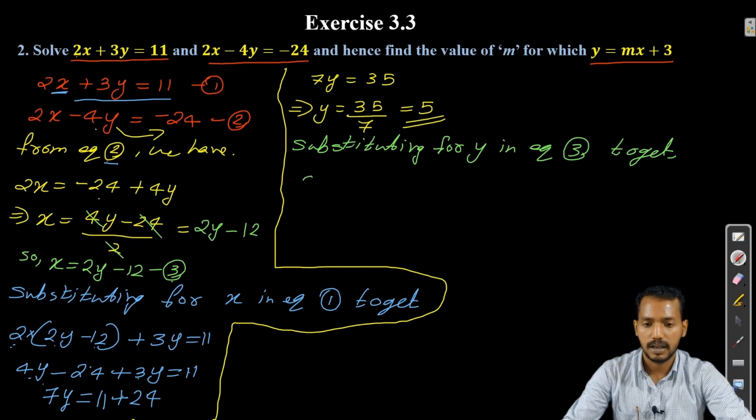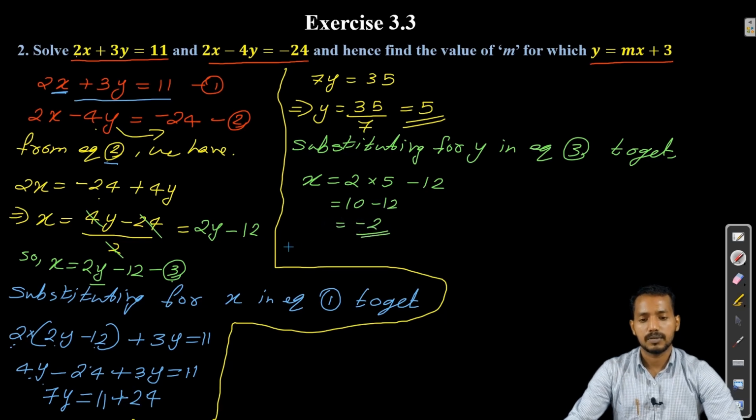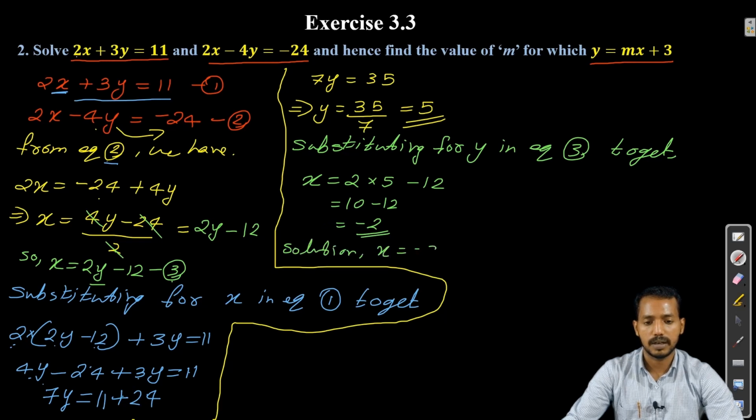So we get x equal to 2 into, in place of y we are going to substitute 5, minus 12. So that is equal to 10 minus 12, which is equal to minus 2. So the solution is x equal to minus 2, y equal to 5.